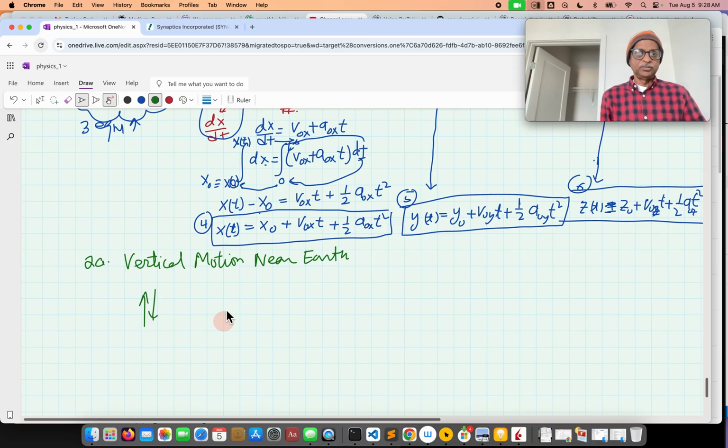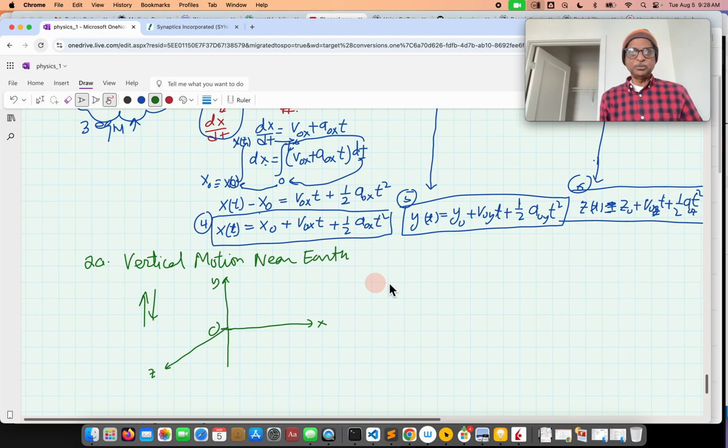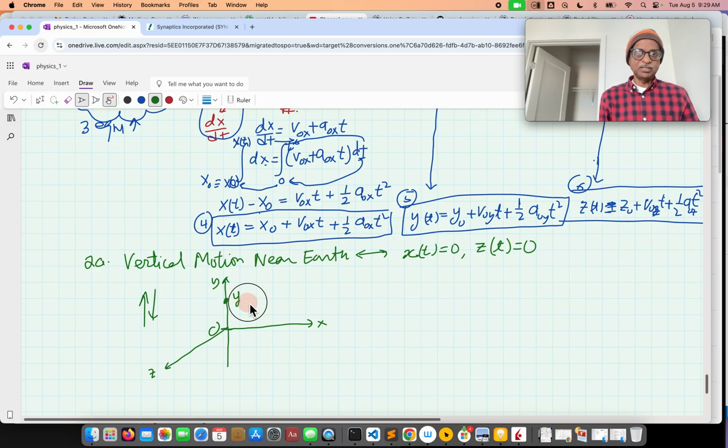Normally people say here is the origin and I'm going to use the y coordinate up. Of course there's the x coordinate and z coordinate. Using this coordinate system means x at all times is 0 and z at all times is 0, and the only non-zero thing for an object is y. So at some instant it is y of t, and we have to find y of t.